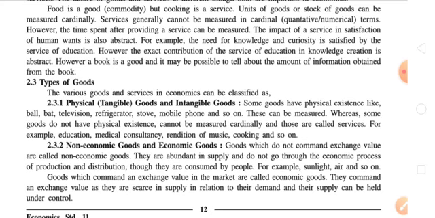Remember all these things very clearly. These goods are not commanding any exchange value. Secondly, they are abundant in supply. It means their supply will never be less, or there will be no scarcity of these goods.